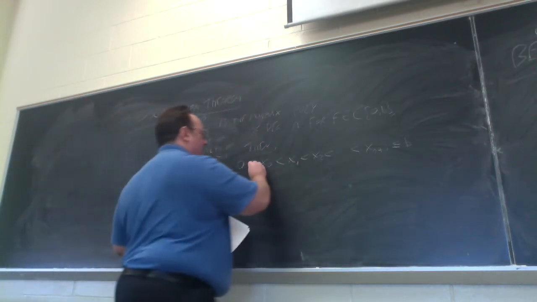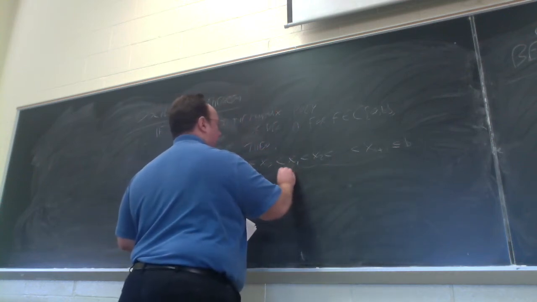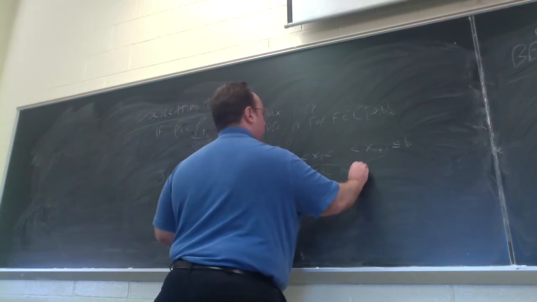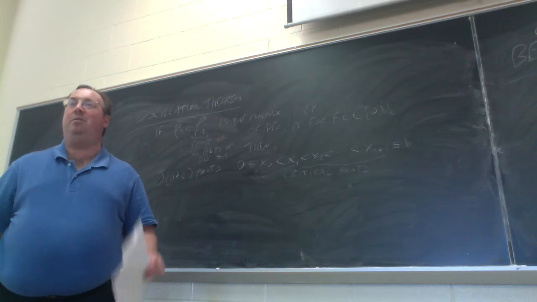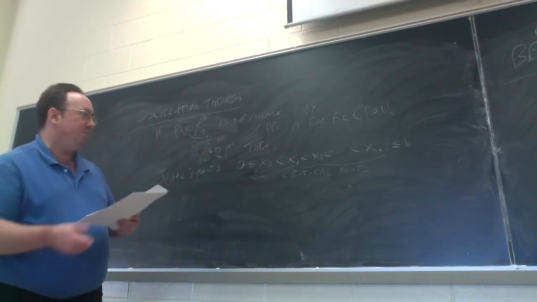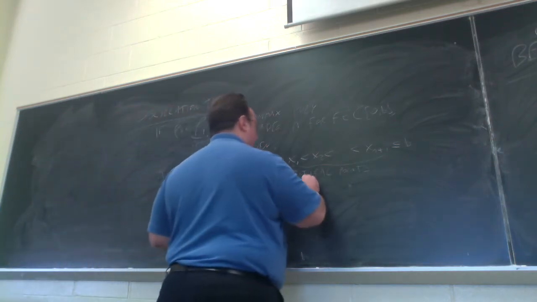And these are given a most unfortunate name. They're called critical points. Not the same as critical points that you learn in calculus, although the name is not entirely inappropriate, for a reason I'll get to a little bit later. Critical points of f on [a, b].